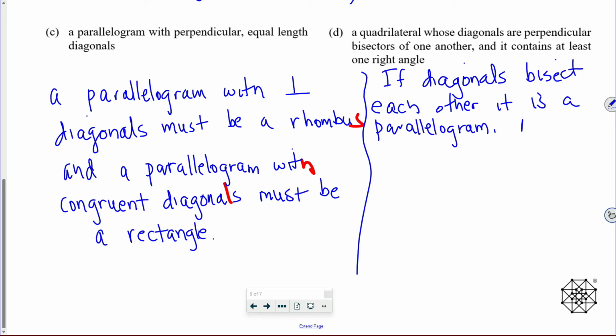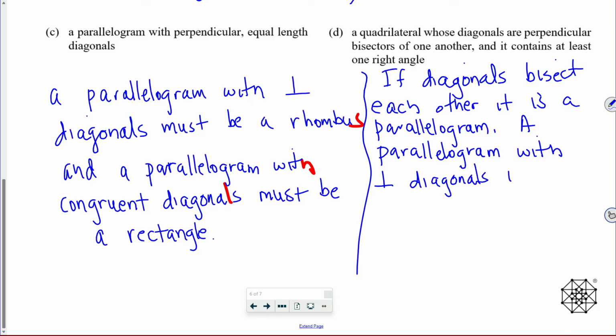Now, a parallelogram with perpendicular diagonals is a rhombus.